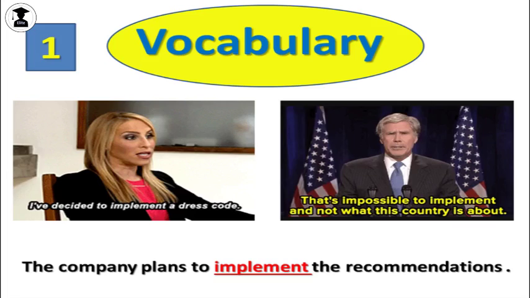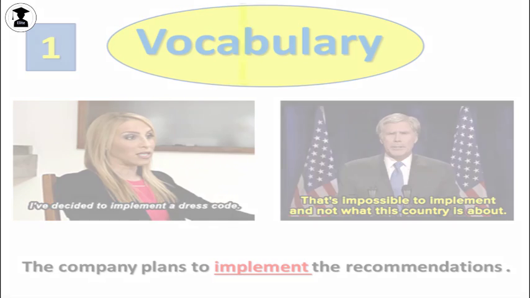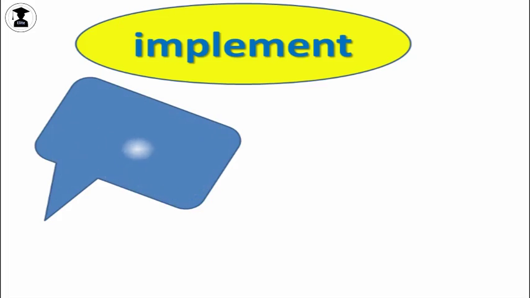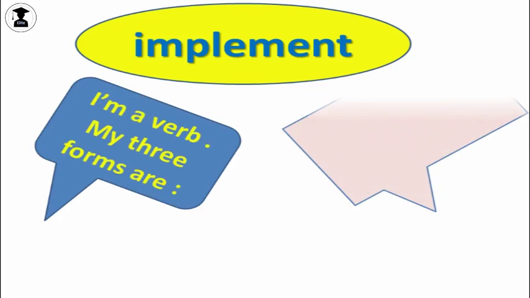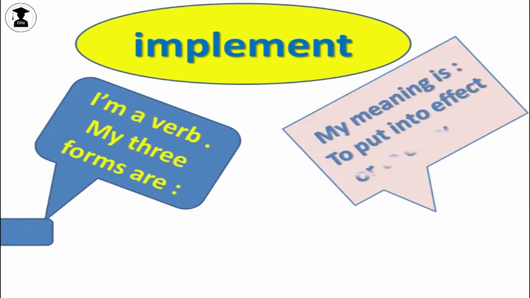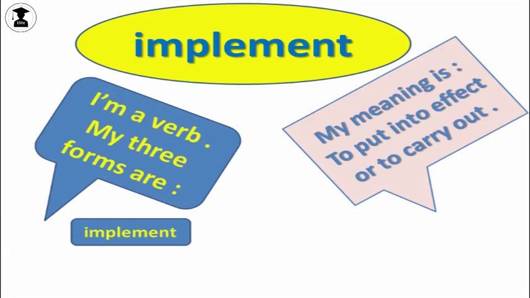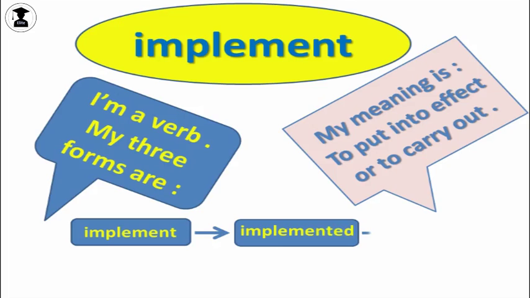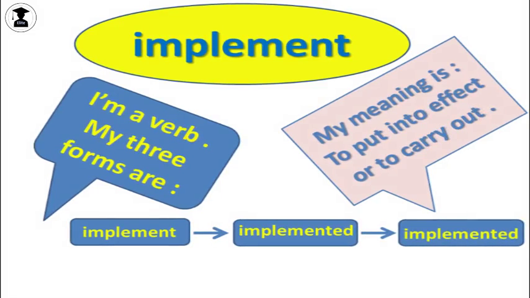So, dears, now, can you guess the meaning of implement? Implement is a verb. Implement, implemented, implemented. And the meaning of the verb implement is to put into effect or to carry out.